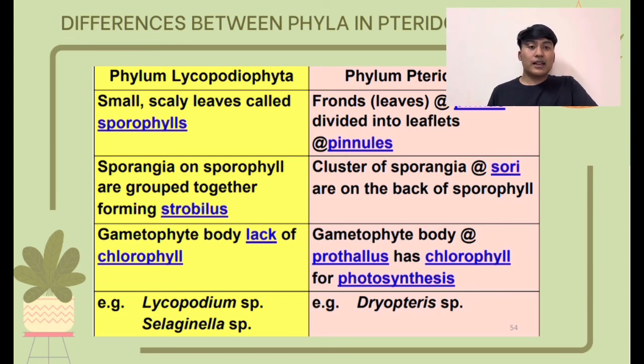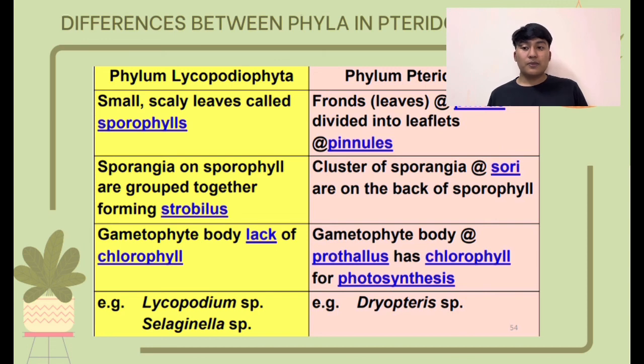For the second phylum, the leaf is called frond, and the pinnae are divided into pinnules. The first phylum contains sporangia on sporophylls that are grouped together, forming a strobilus. For the second phylum, the cluster of sporangia, which is sorus, is on the back of the frond.